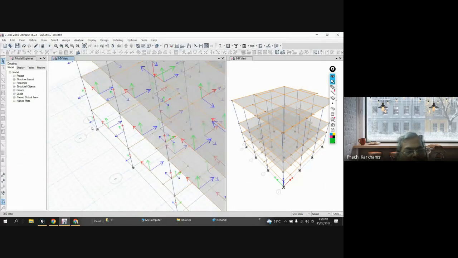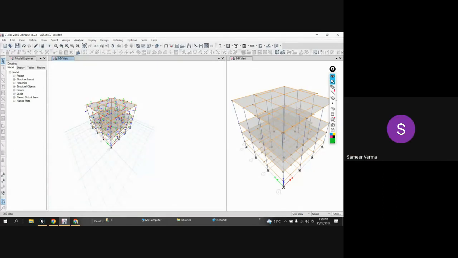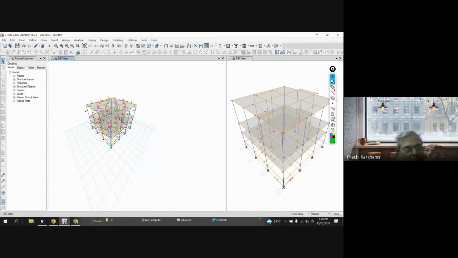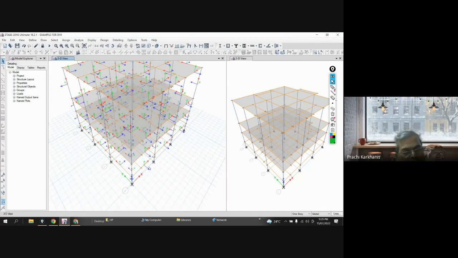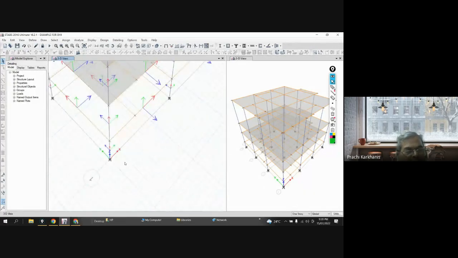Are you getting it? Yes, sir. So these are the local axis system apart from your global axis system. Even then here you can see that X red means it is 1, then green Y means 2, and Z blue means 3. Clear?